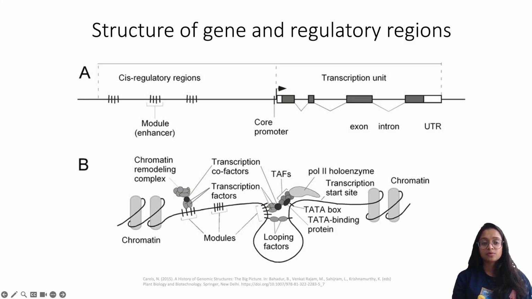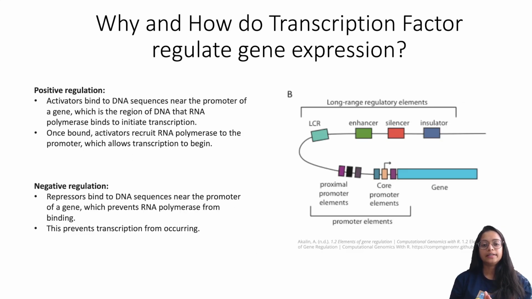There are different transcription factors and cofactors binding to each of these regulatory regions, and together they all come together and coordinate to control the expression of genes. This complex system of regulation allows cells to respond to different signals and to produce the proteins they need for functioning and survival.